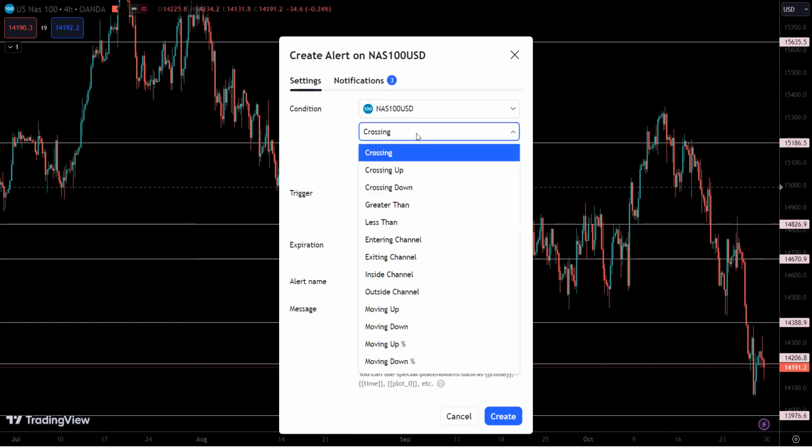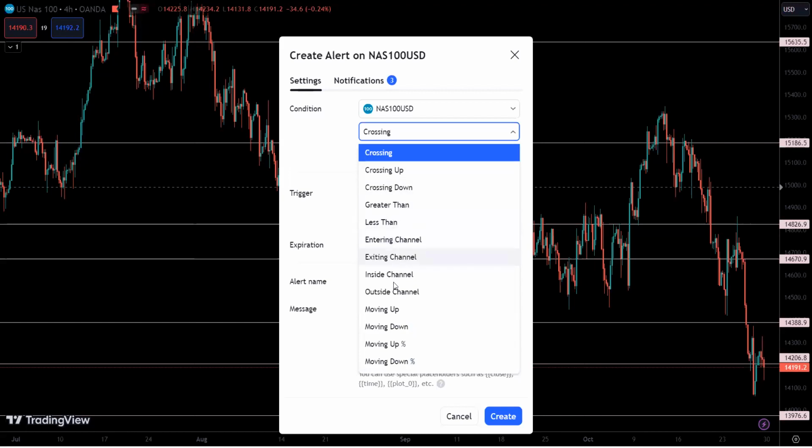And then here, there are different alert types that you can do. So crossing, that's if price is crossing over a certain point, or crossing over an EMA or SMA, depending on what you do. They give you a lot more options on TradingView than what you would have on MT4.